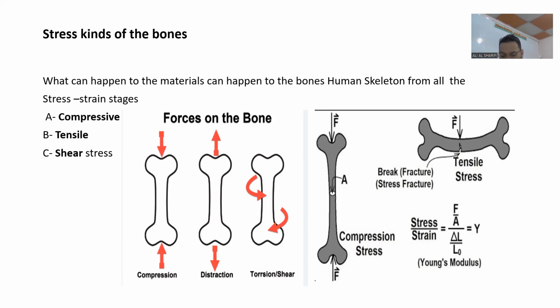These three kinds of stress apply to the bar material. Now, the same stress kinds of bar materials apply to the bones. What can happen to the material can happen to the bones, the human skeleton, in all the stress-strain stages.